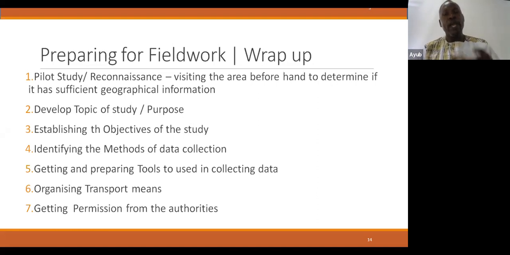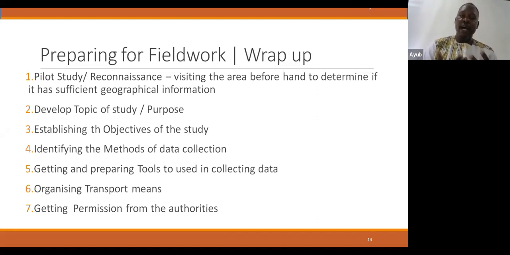Similarly, where you do the field work from, you must ask for permission for them to allow you to do field work. Don't just go to someone's farm. Hey, I have come to do field work. I'm from Nabisusa Girls School. I'm the best geographer there. No. Ask for permission. I am a student of Nabisusa Girls School. I am in Form 1.